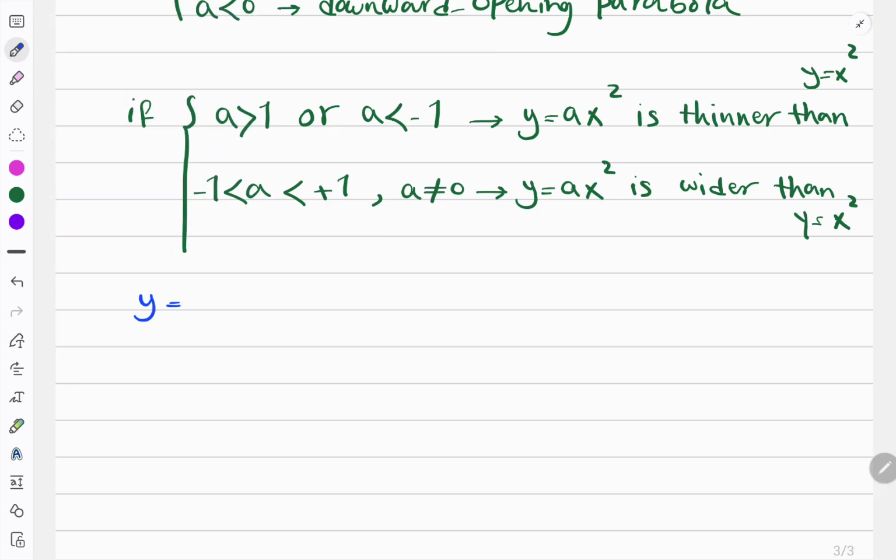y equals negative 2 (x - 3) squared plus 5. Okay, so we should check all of these three constants.